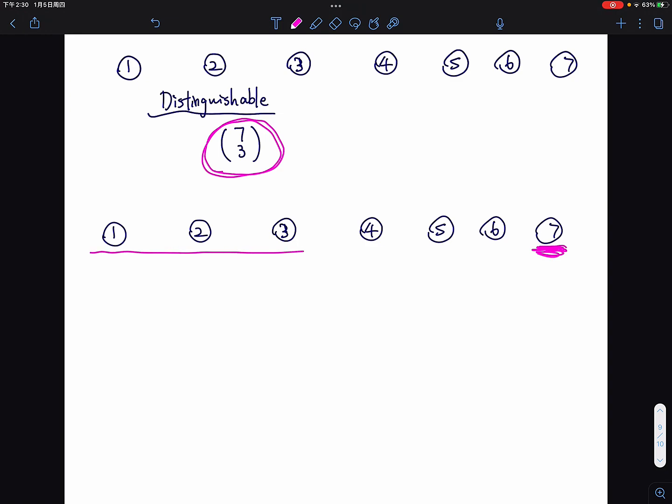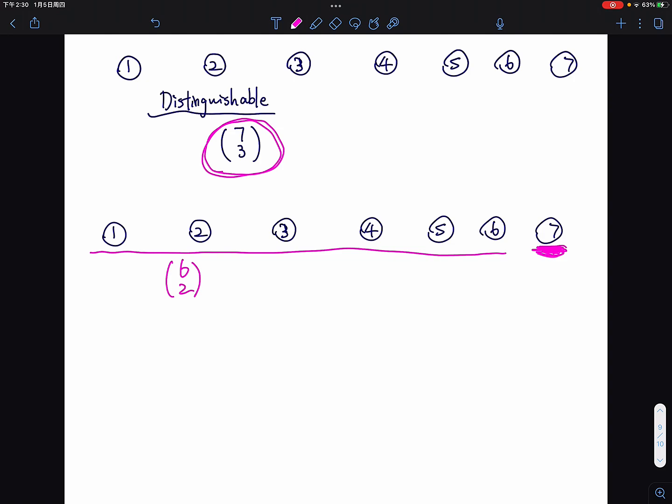We're left with a pool of 6 remaining balls, and we can only choose 2 of them. How many different cases are there? Well, that will be 6 choose 2, right? Because we can only choose 2 from the 6 remaining balls, and 7 is fixed. So it is 6 choose 2.